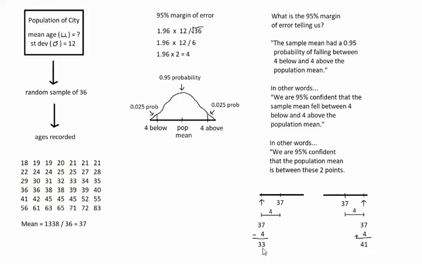And if the population mean is 33, then that would mean that the sample mean is 4 above the population mean in this direction, and that would put the sample mean of 37 out here.